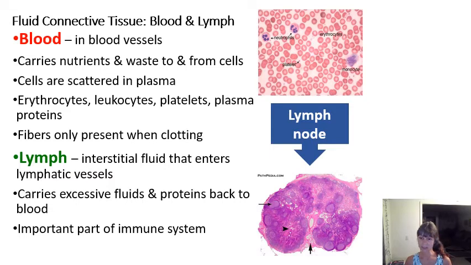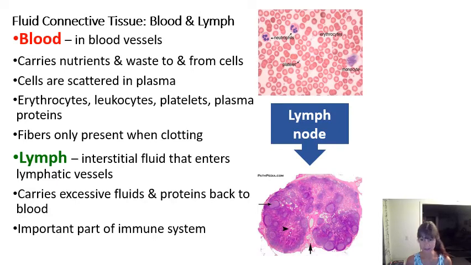There are different types of cells found in blood, including erythrocytes, which are red blood cells. They look like the little red donuts that you see in the slide above. We also see leukocytes, which are white blood cells, and there are different types of white blood cells, as well as platelets and plasma proteins.